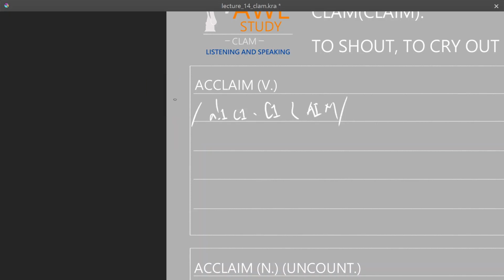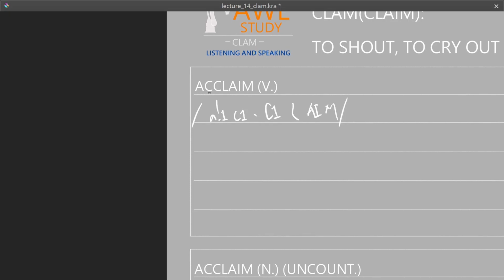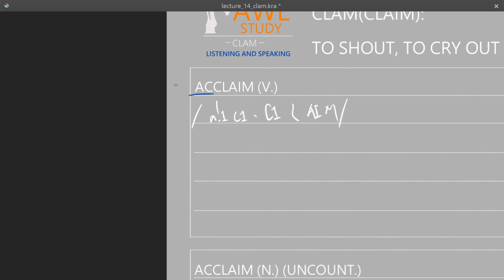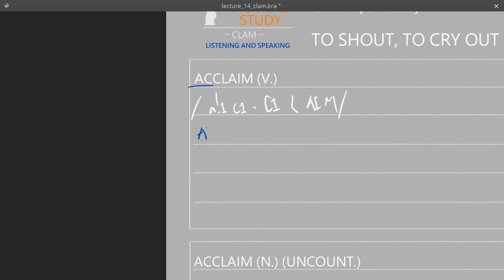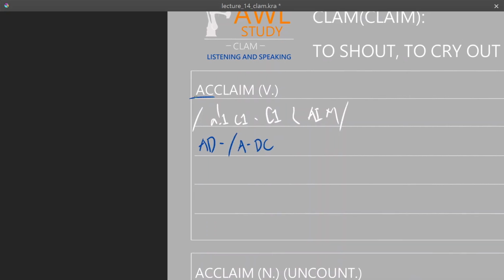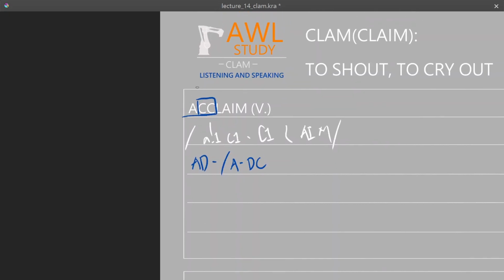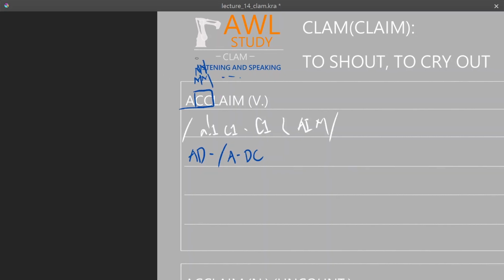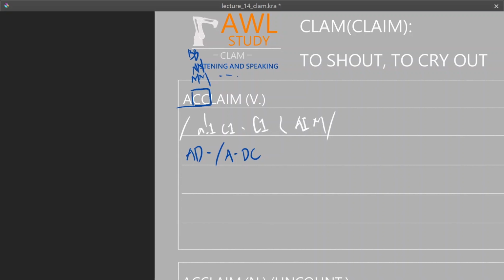The prefix ac- is a variant of ad-, so we have ad- followed by a double consonant, double C's. We may have double M's, double N's, double B's, whatever, just double consonants.